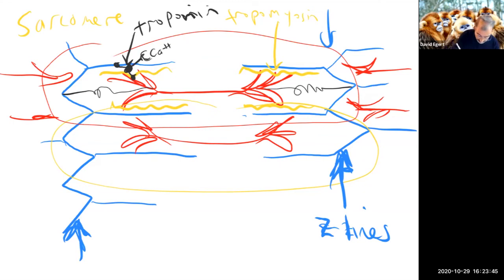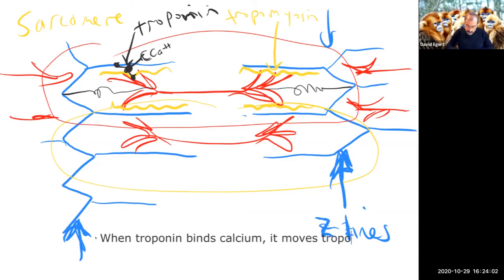So basically, the idea here is when troponin binds calcium, it moves tropomyosin out of the way. So myosin can bind the actin.